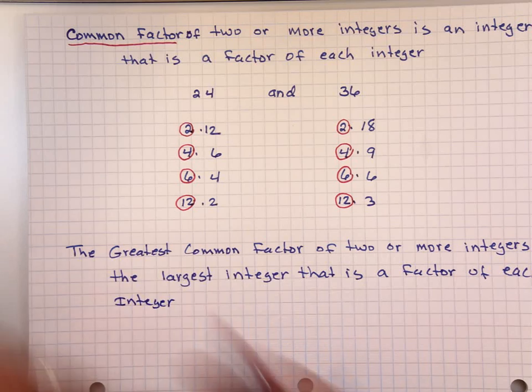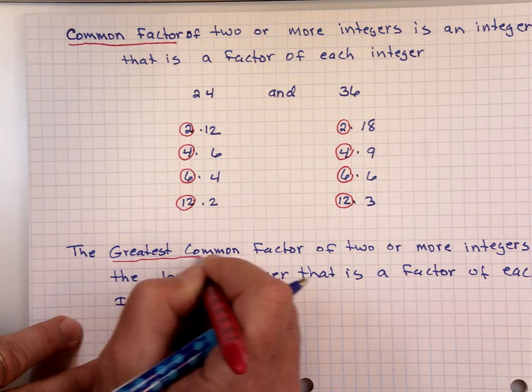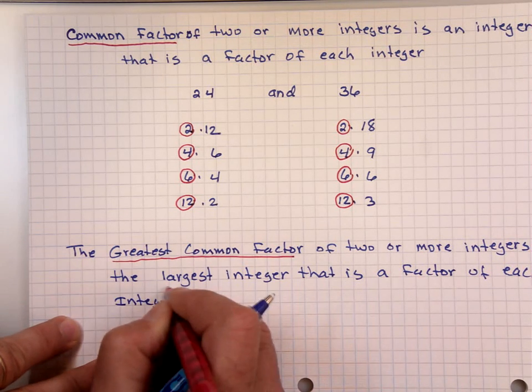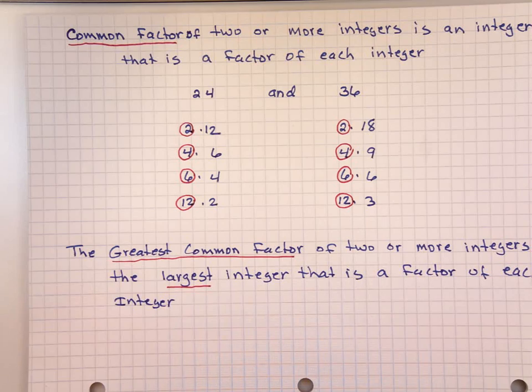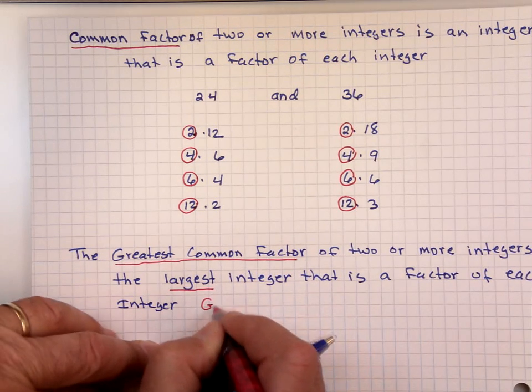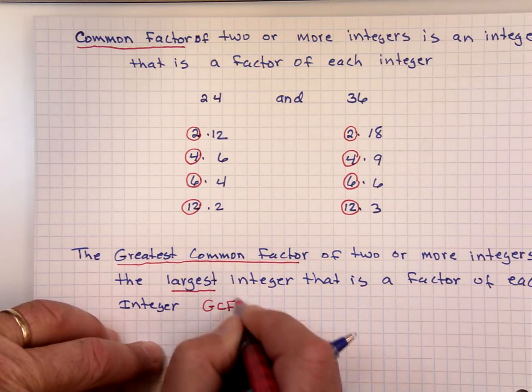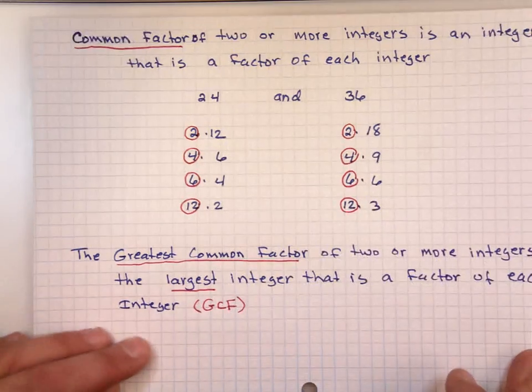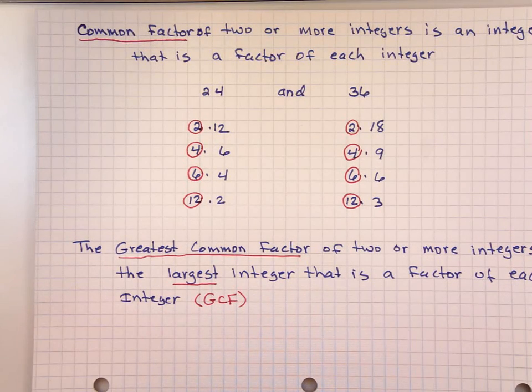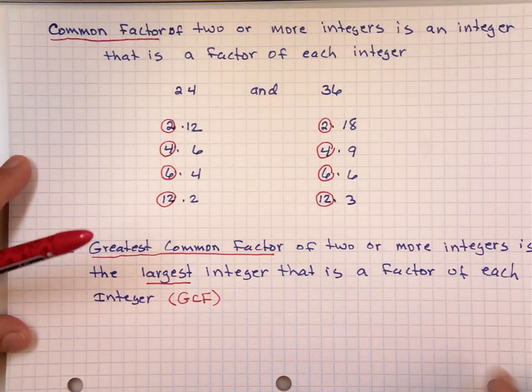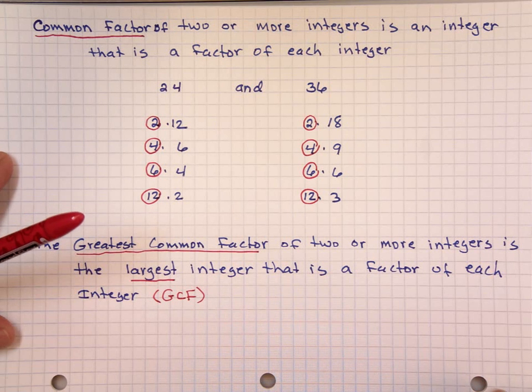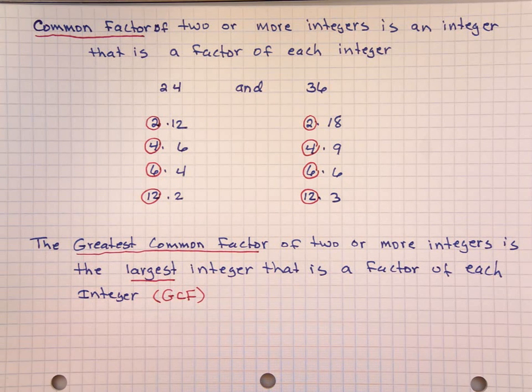So the greatest common factor, largest. So we call that GCF. So when they define the GCF, that's the greatest common factor. The biggest number that's common, or that is a factor of each of the integers that we have there.